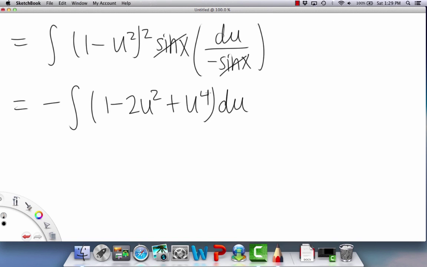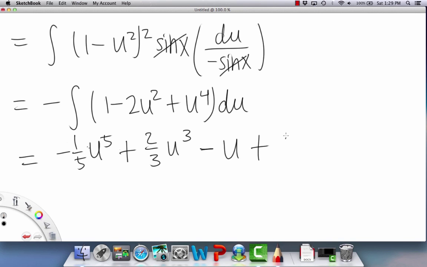Continuing from here, we all know how to integrate. We're going to get negative 1 over 5 u to the fifth, and I like to write the highest power first, so I'm going to rearrange it, plus 2 over 3 u to the third minus u, and then plus c, because we're working with the indefinite integral here.